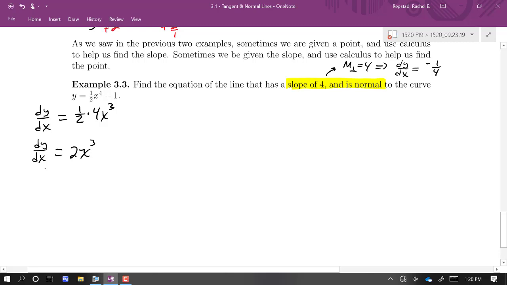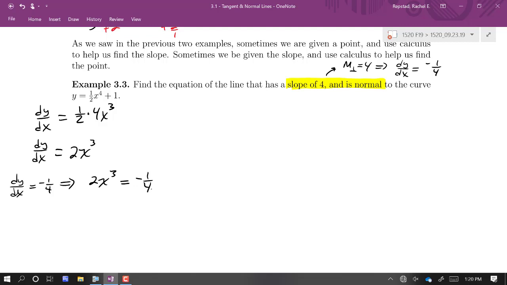So since dy dx is equal to negative 1/4, that allows us to set up this equation. This equation isn't always true. We're looking for a particular value of x that happens to make this true, right? That'll help us hunt down that point on the curve that we're interested in.